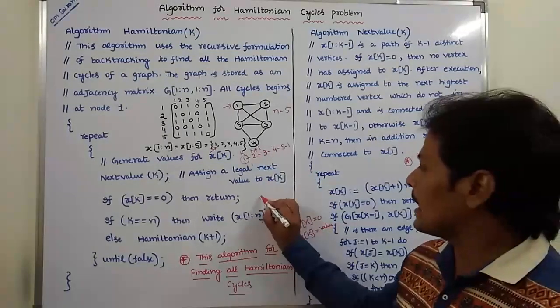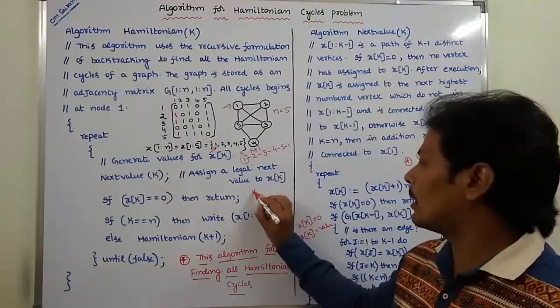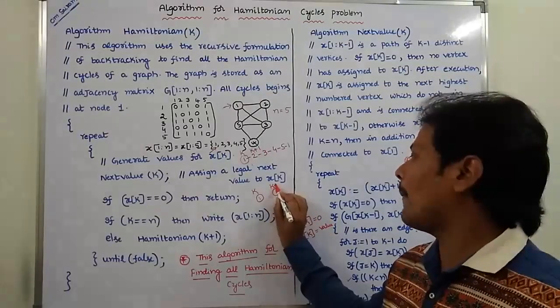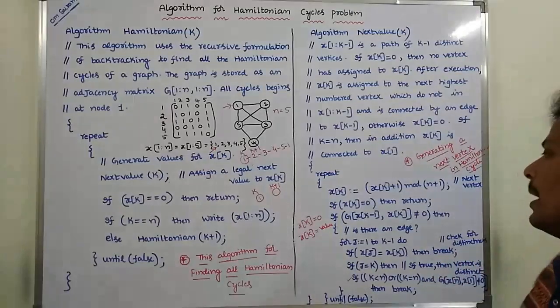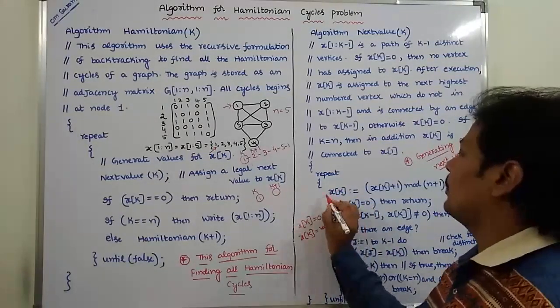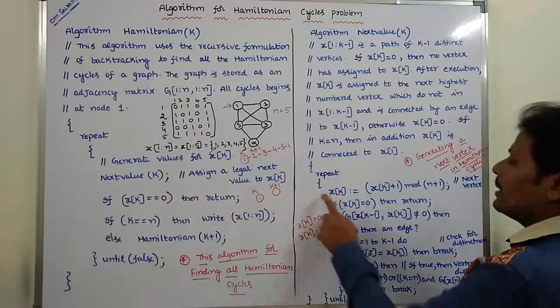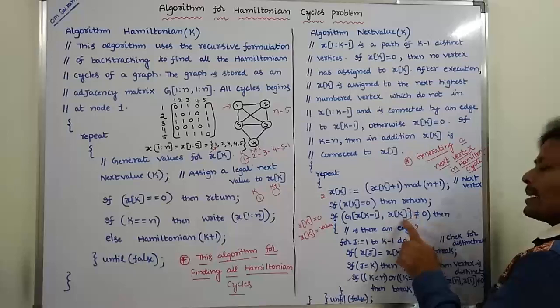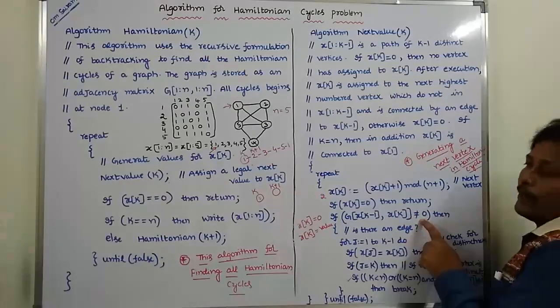K points to vertex 1, and next value of k points to k plus 1. So it returns value 2. Then we check g of x of k minus 1 comma x of k not equal to 0.